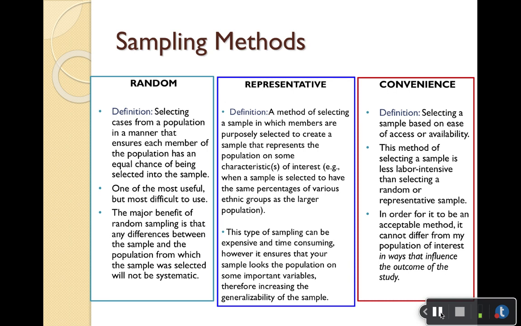But it may or may not be a good representation of whatever that larger population of interest is. So again, these are just 3 methods, kind of the most common that are discussed in your book, and there's definite kind of pros and cons to all 3 of these methods. You can see there's a bit of a trade-off where it comes to accuracy versus ease of use.